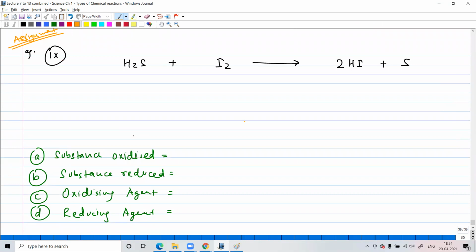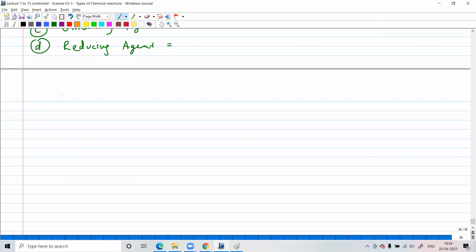Right. So anyone has any doubt in oxidation reduction or any of the previous reactions we have seen so far, the different types? No, sir. So tell me then, what are the different types of reactions we have studied so far?